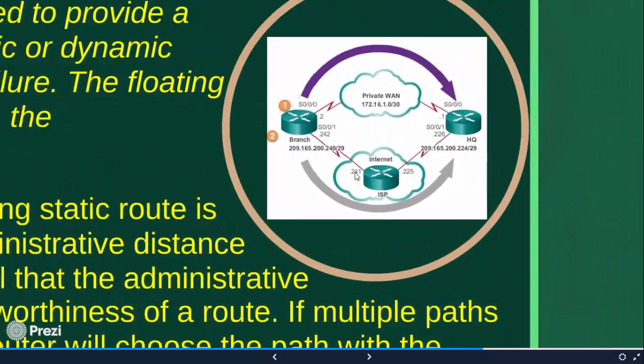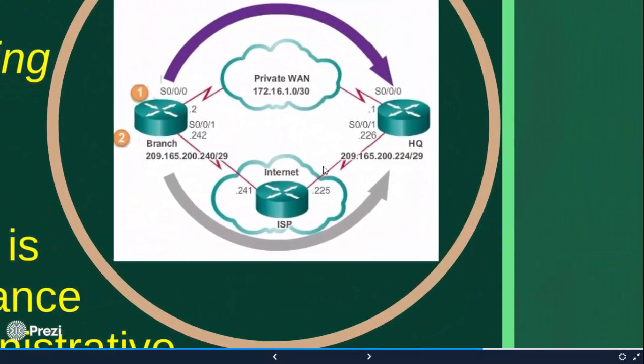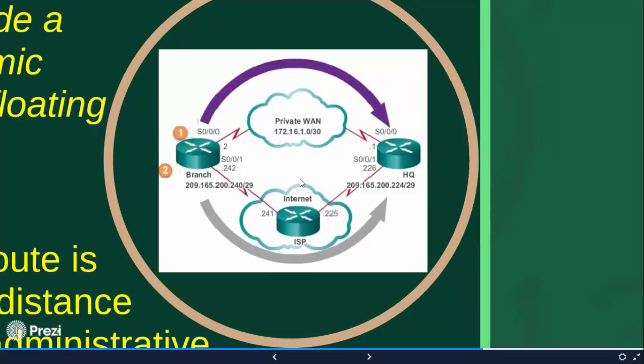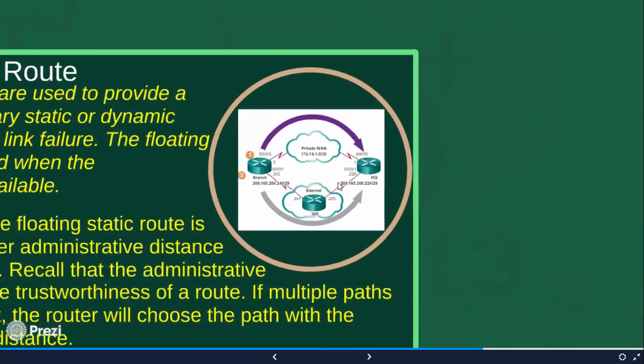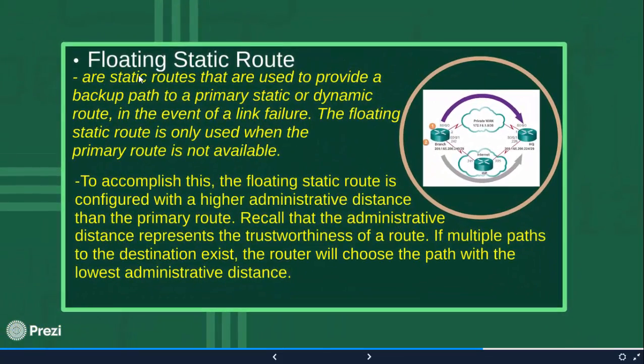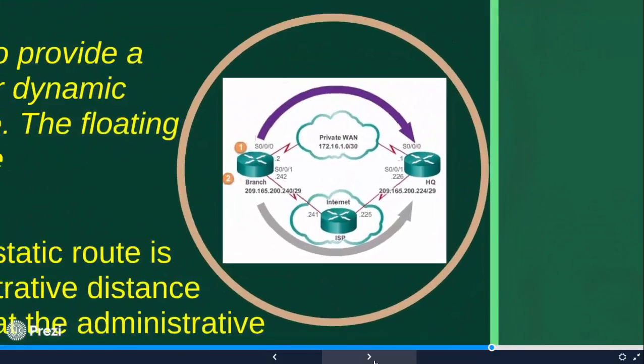If that choice is available, it will take that particular route. That's for the floating static route. So even if they are fixed, they are static, the router is going to choose whichever has the lesser administrative distance.